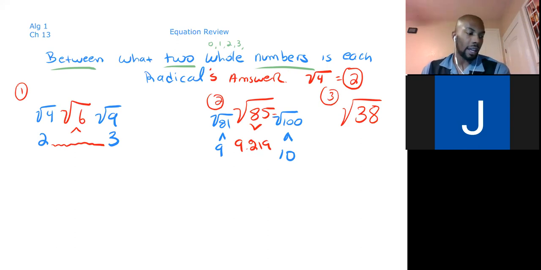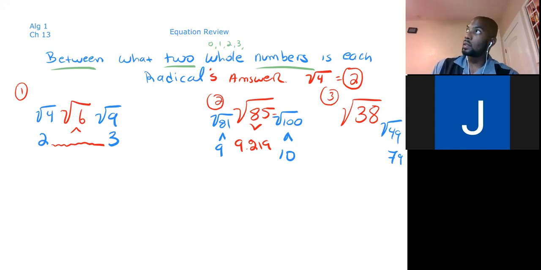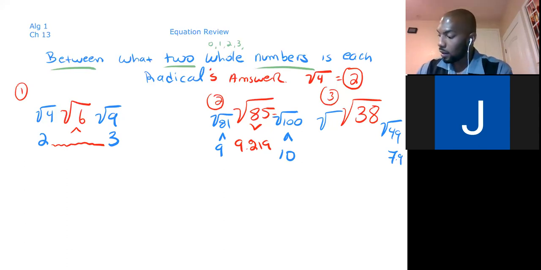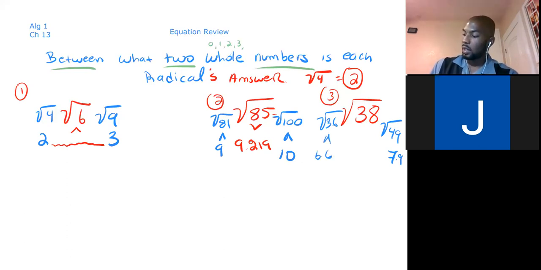For rad 38, the perfect squares around it are 49, which is 7 times 7, and rad 36, whose answer is 6 times 6. So the answer to rad 38 has to be somewhere between 6 and 7.